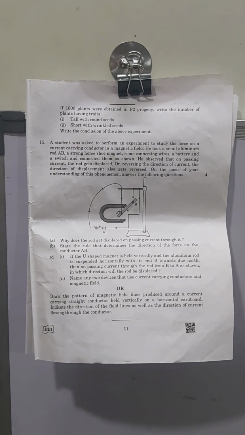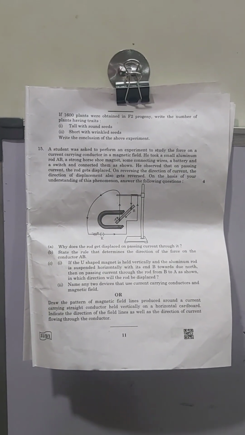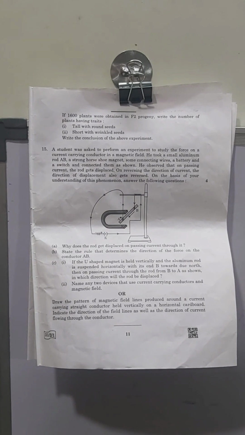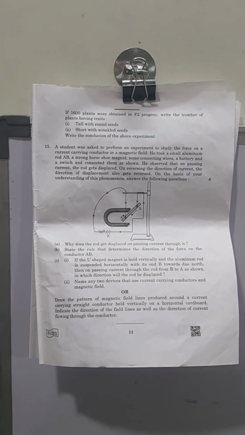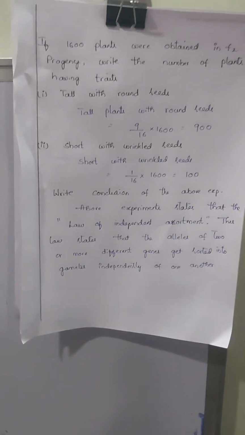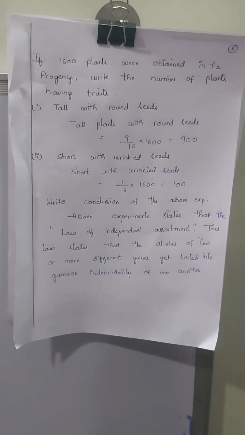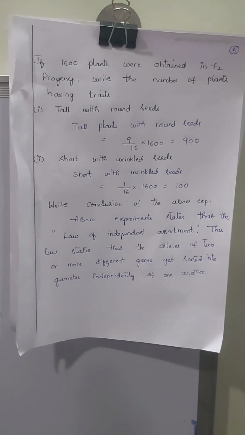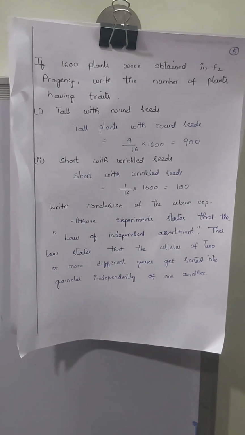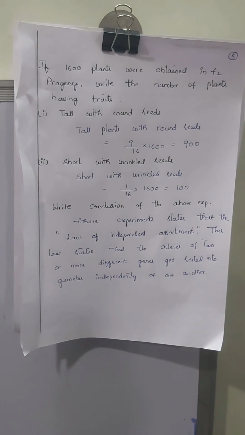For the 14th question, option C, they have given one internal choice: if 1600 plants are obtained in F2 progeny, write the number of plants having traits tall with round and short with wrinkled, and write the conclusion of the above experiment. The ratio is 9:3:3:1, which totals 16, and 1600 plants are obtained, so 9 by 16 into 1600 is 900 tall with round seeds.